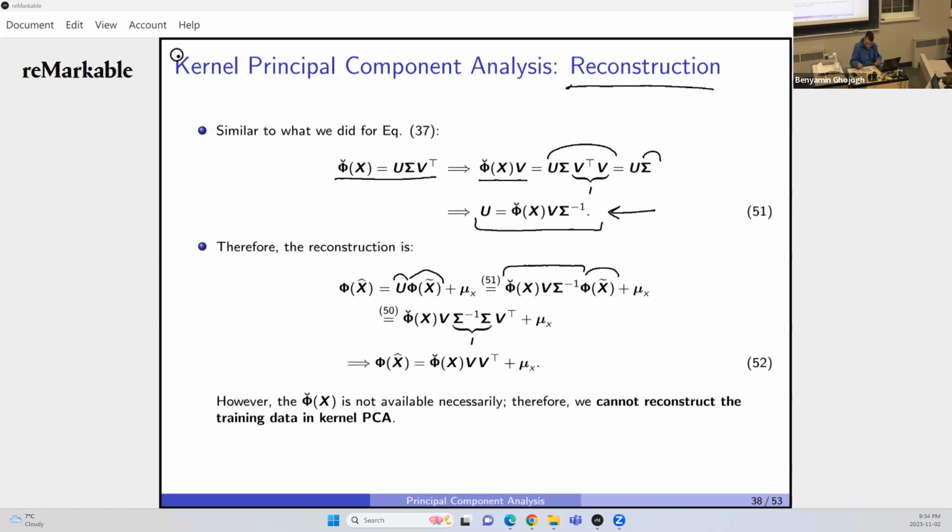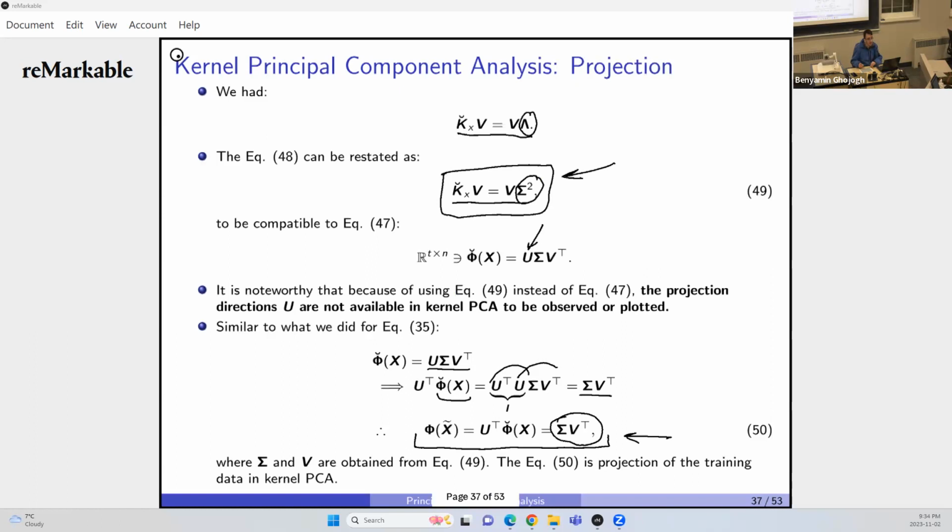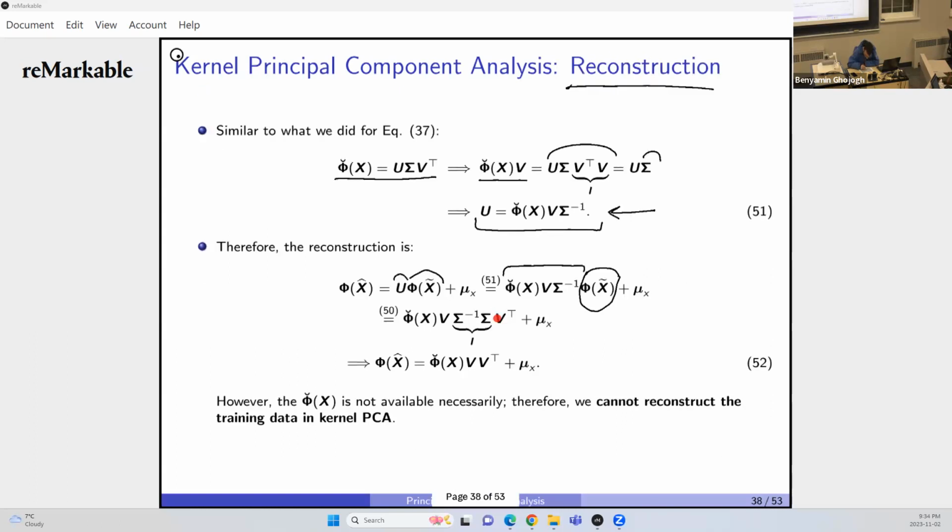Now I replace phi X tilde with what we found for linear projection in the previous slide, equation 50. If I do that, I will have this sigma V transpose. Interestingly, sigma inverse sigma appears, which is identity. It simplifies to this. Right?